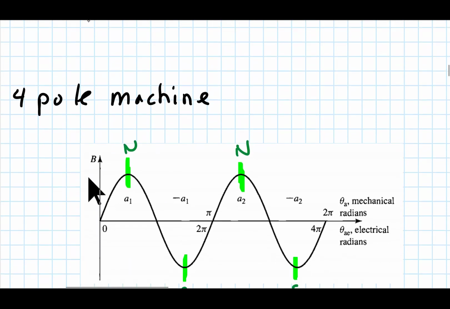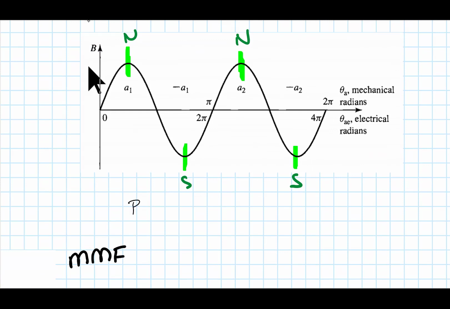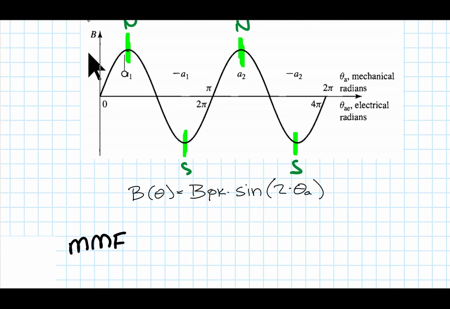If we look at the four-pole machine, we could come up with another function. So this would be B of theta. We've got some B peak. It's a sine function. Because we have two peaks, it's going to be 2 times theta A. What I want to do is introduce the idea of an electrical angle.